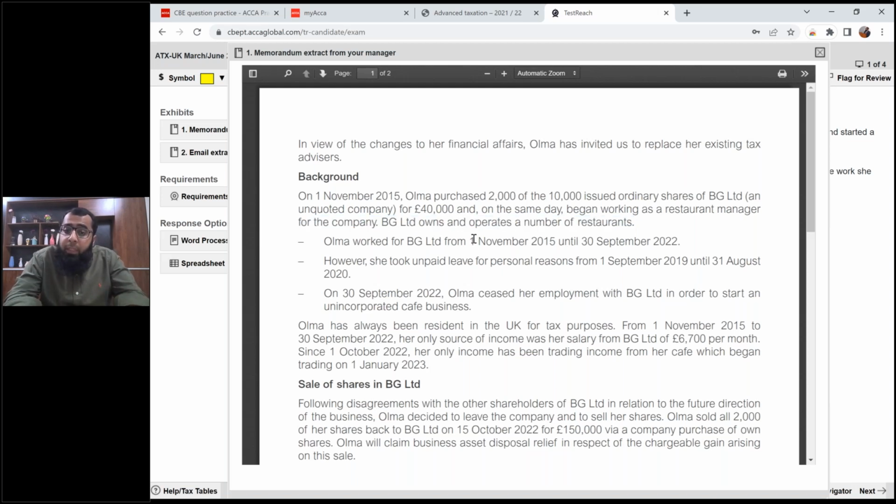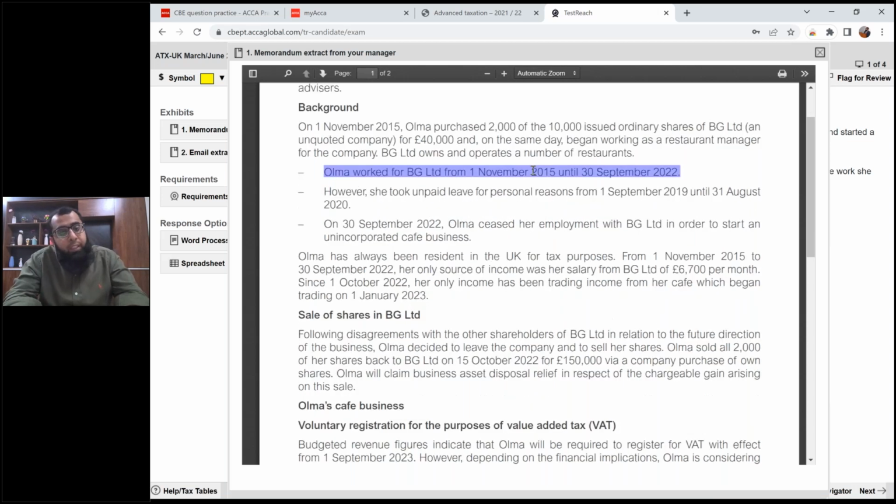Alma worked for BG Limited from 1st November 15 until 30th September 2022. However, she took unpaid leave for personal reasons from 1st September 19 until 31st August 2020. On 30th September 2022, Alma ceased her employment with BG Limited in order to start an unincorporated cafe business.